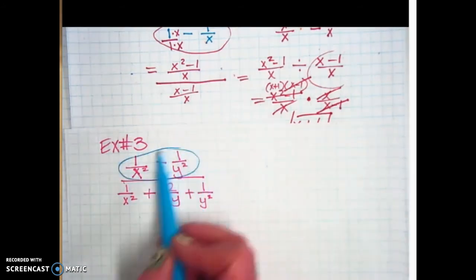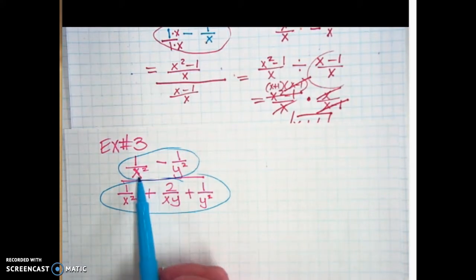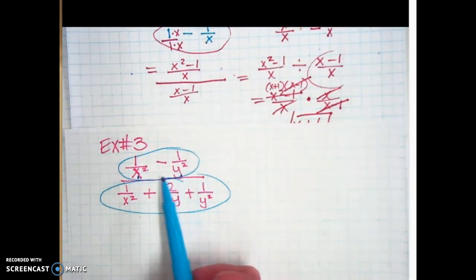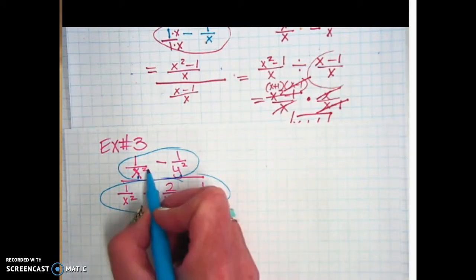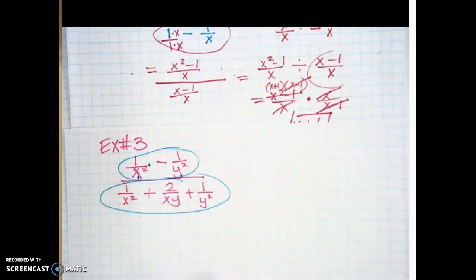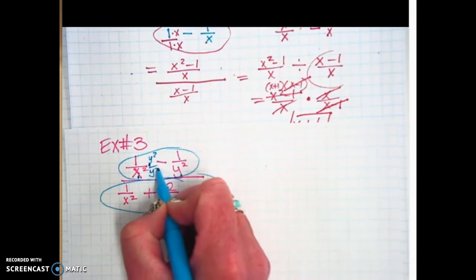So let's look at the numerator and denominator and find the GCF of each, okay? So the denominator here is x squared, and the denominator here is y squared. So the GCF, or the least common denominator, is x squared y squared, which means we need to take this first fraction and multiply it by y squared over y squared.